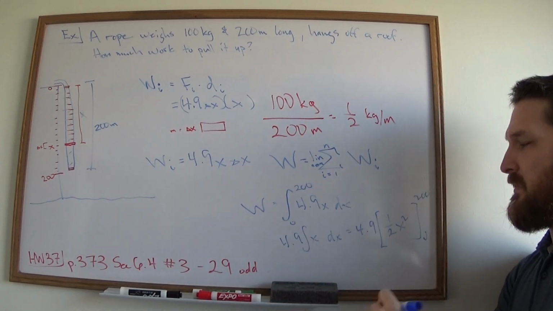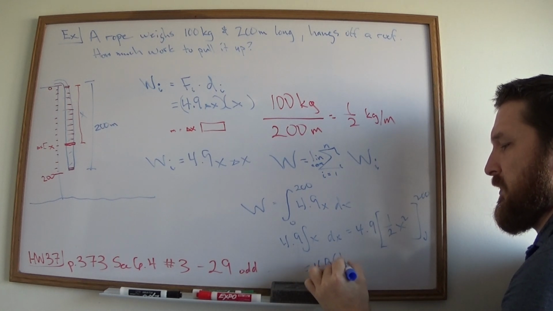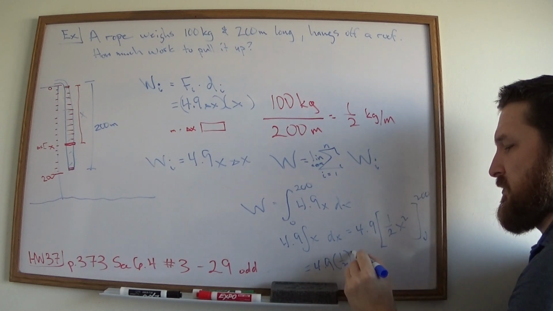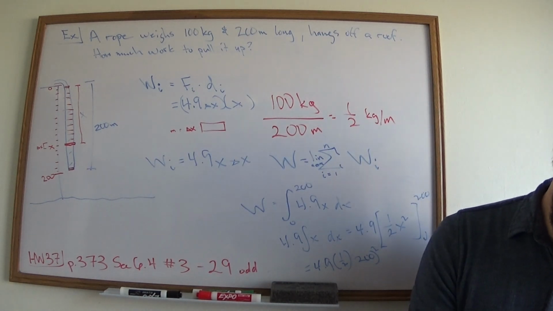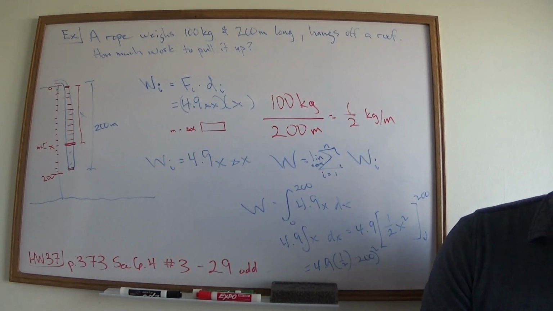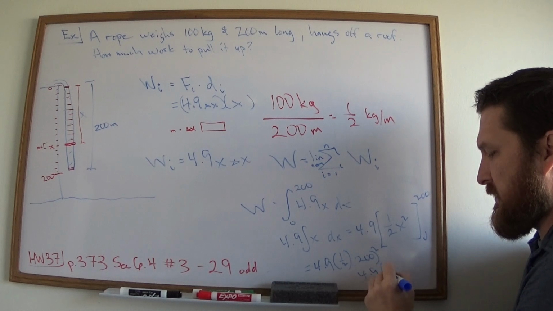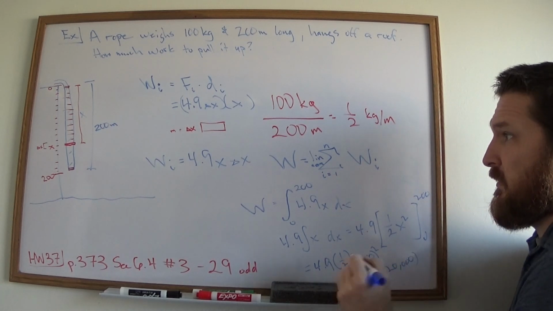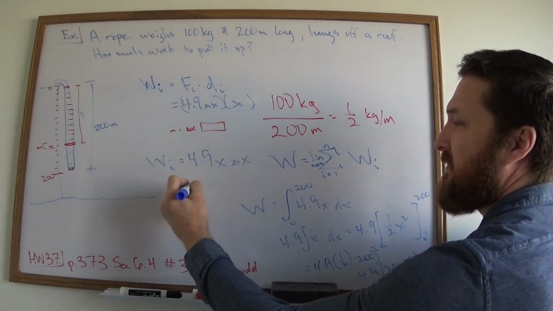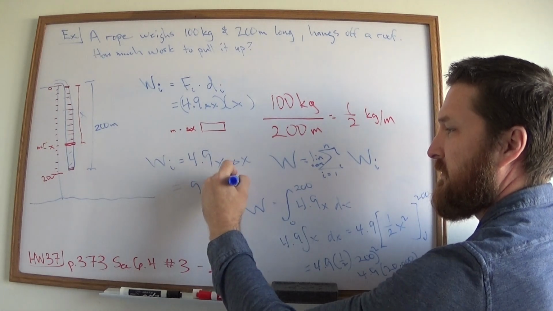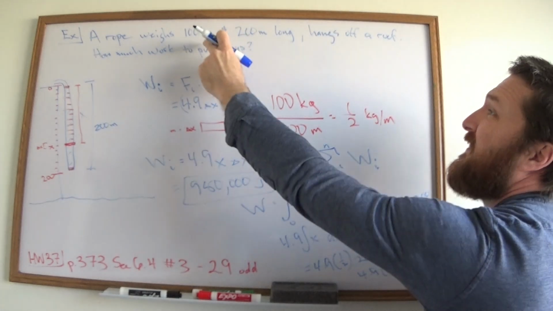That's nice because that works out to just 4.9 times 1/2 times 200 squared, whatever that is, 40,000, I think. 40,000 divided by 2 would give you 20,000, so 4.9 times 20,000. Oh, it's 9.8. So it's 980,000 joules, and you're like, that's huge, and it is, but that's a very heavy rope, right?